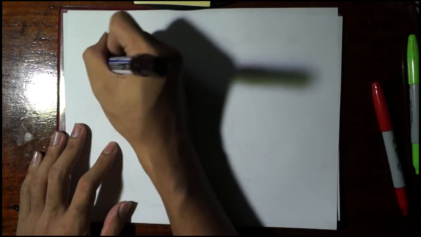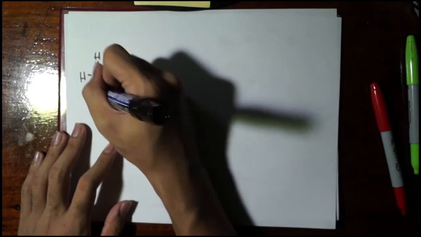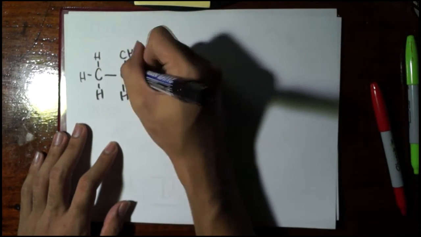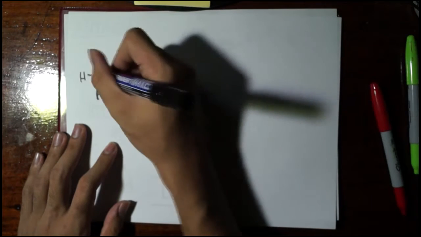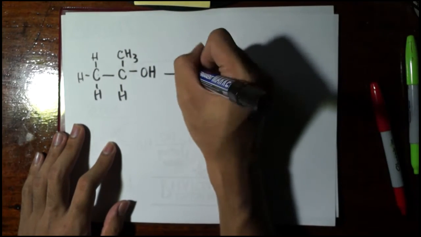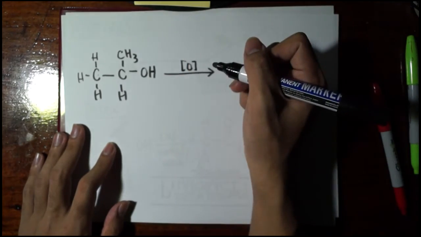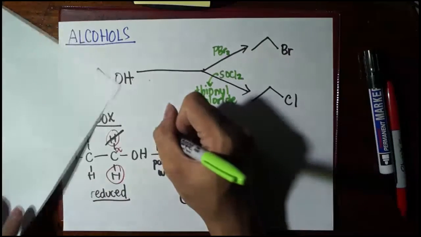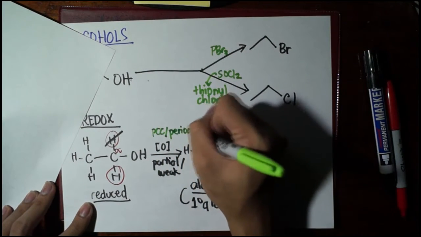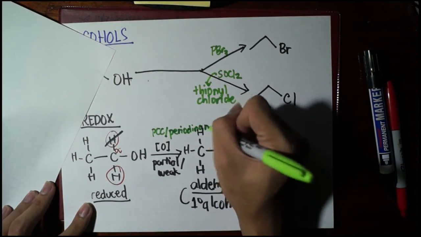What if we use a secondary alcohol, such as this? We know clearly that this is isopropyl alcohol. Let's try to oxidize this one. By the way, the reagent for partial oxidation is PCC or periodinane. They're not the same. PCC is another compound.